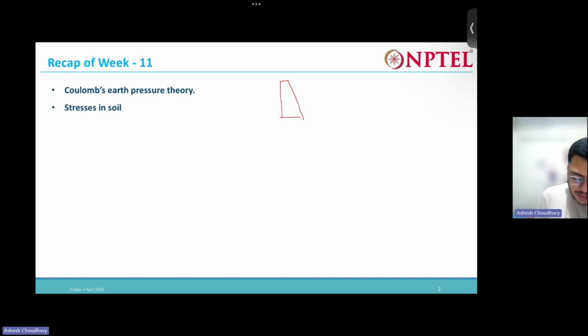But in Coulomb's theory, we assume that there is going to be some friction between the soil and the wall.